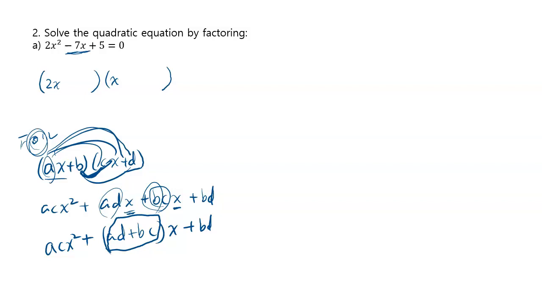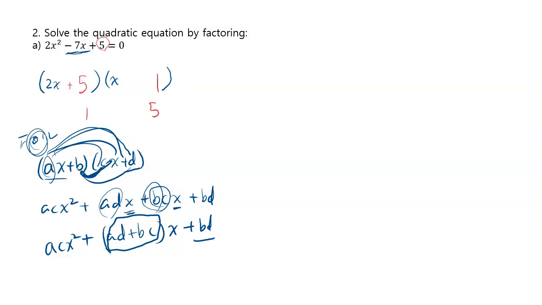Then now to see what this last constant term is, this thing is really these two numbers multiplied, right? So you really have not many choices here. If you think about it, two numbers that multiply to 5 could be 5 times 1 or 1 times 5.